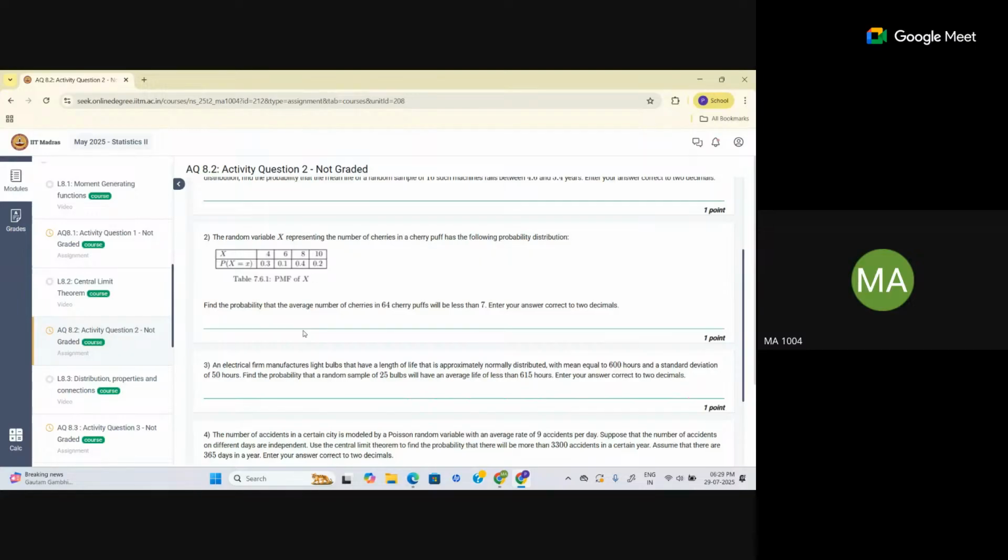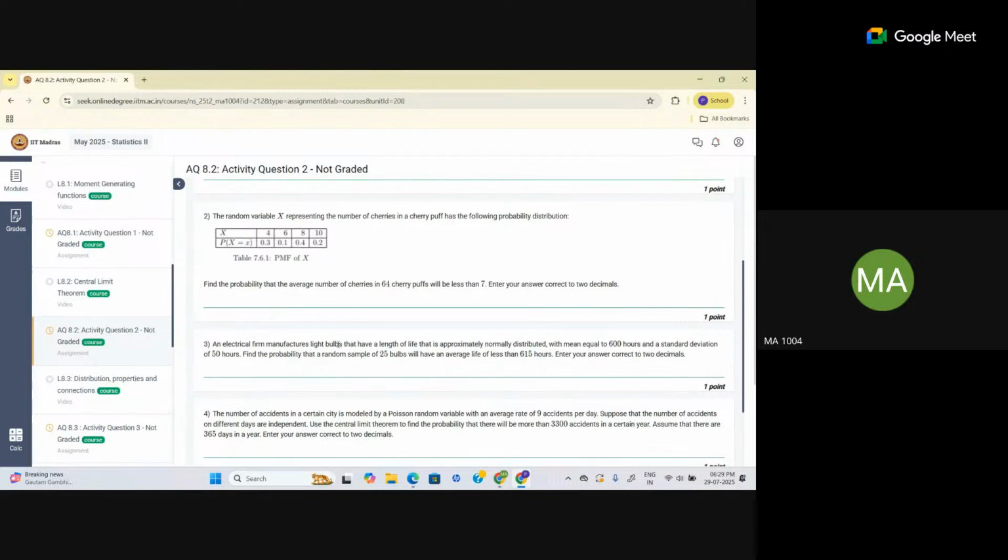From there, you can calculate the value of expectation of x. Similarly, to calculate the variance, we need the expectation of x square, and then we can find the variance using the formula: expectation of x square minus expectation of x whole square. So we have to use this PMF.